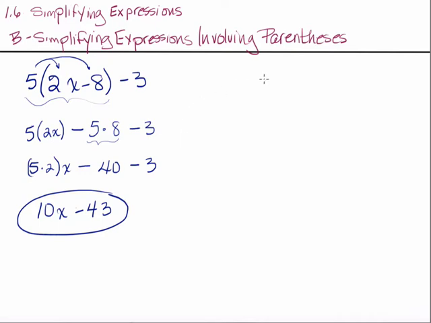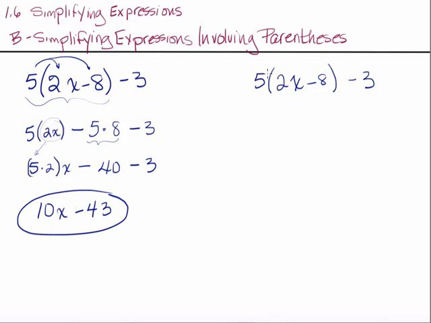If you were doing this question on an exam and I asked you to simplify 5 times (2x minus 8) minus 3, you wouldn't necessarily need to show every single little step. You can simply use the properties of real numbers that we've discussed in previous sections.